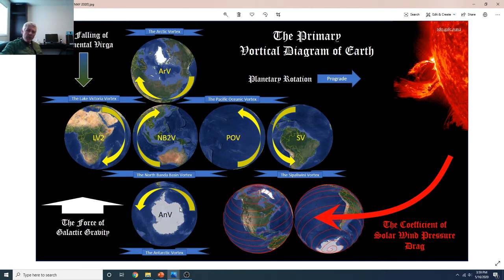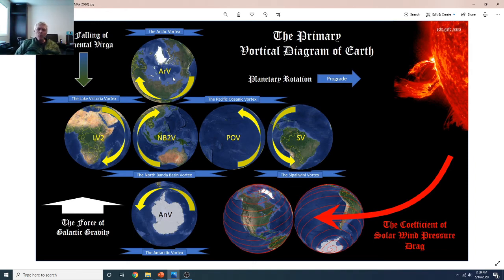Okay, now if you notice, the Antarctic vortex is going in a counterclockwise direction. The Arctic vortex is going in a clockwise direction. And if you were to take the North Pole and flatten it out and take the South Pole, now they're together. Now they're rotating in the same direction.